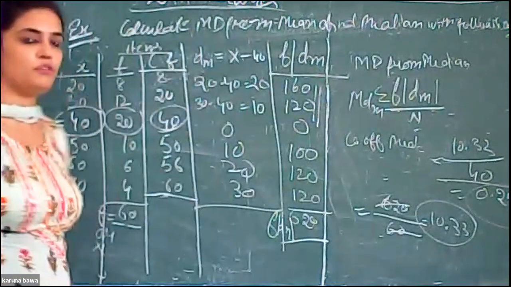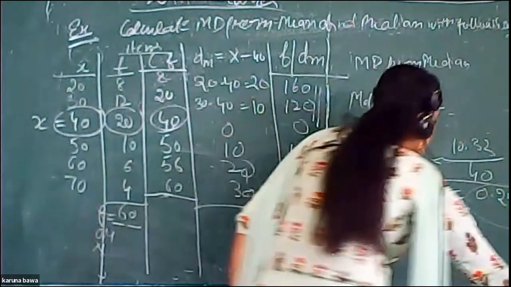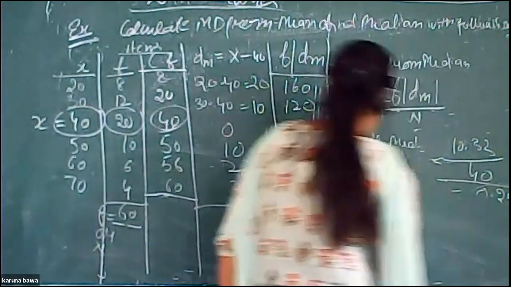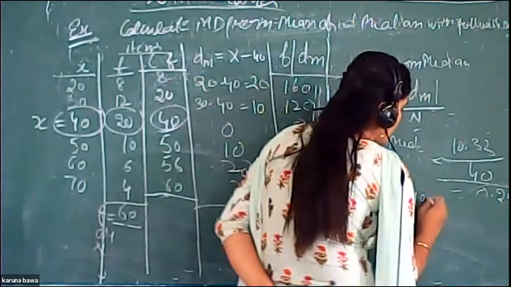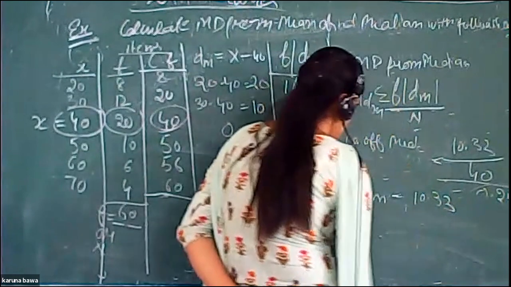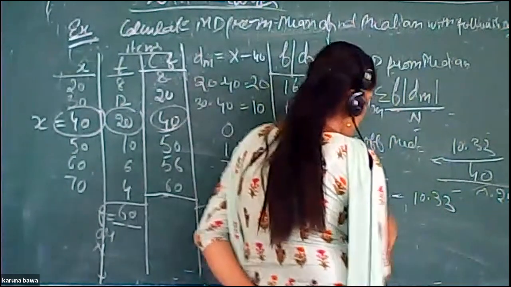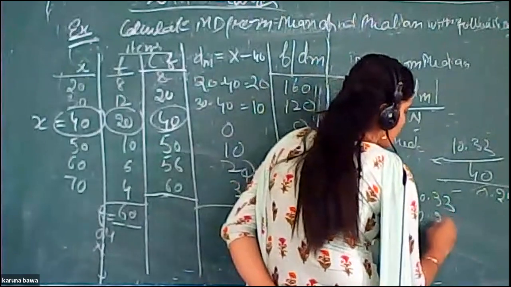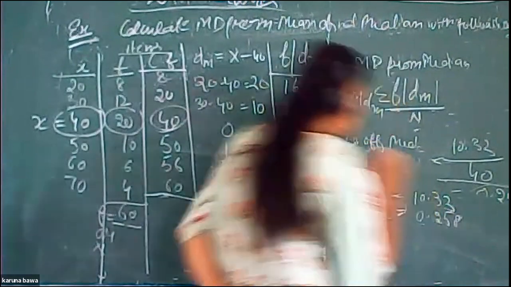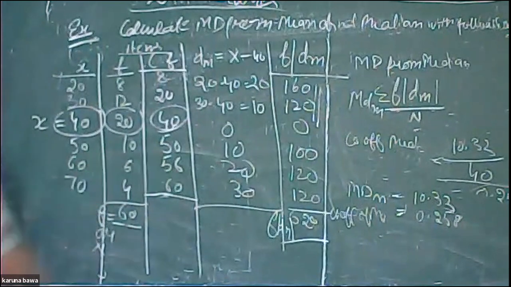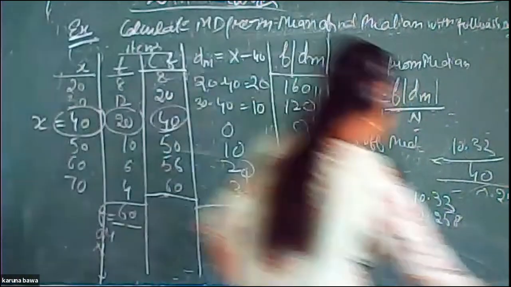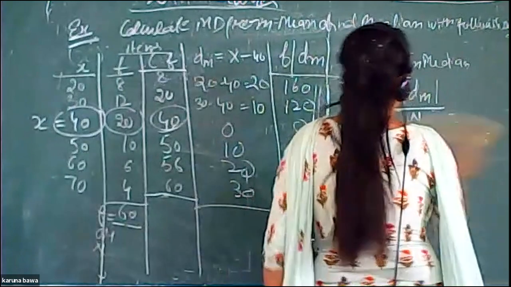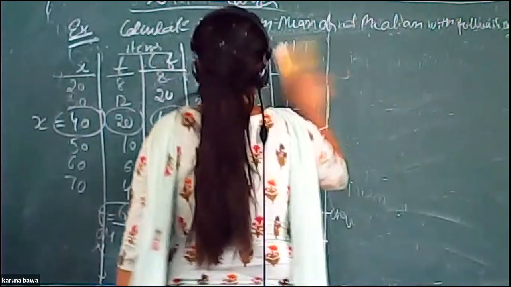Basically, the mean deviation from median is 10.33 and the coefficient is 0.258. So this is the median part. Now find out the mean value.